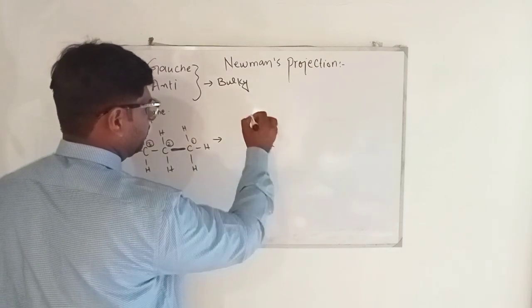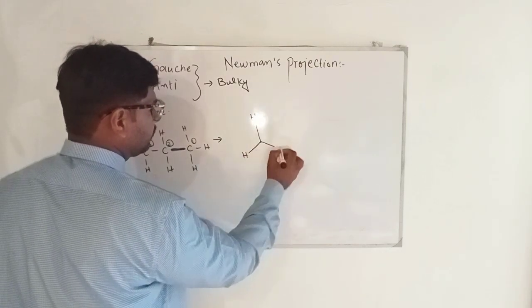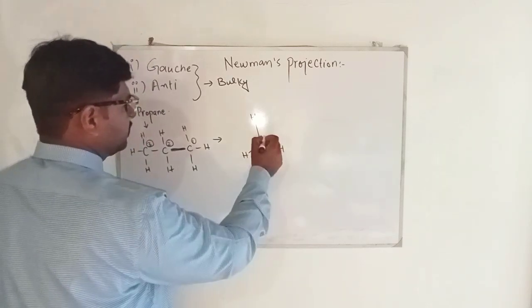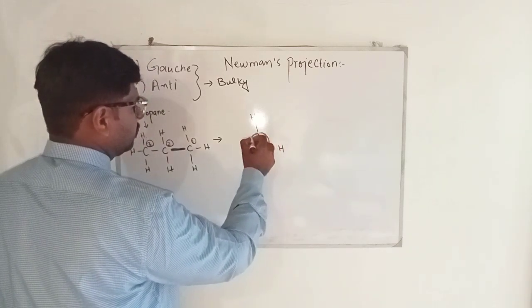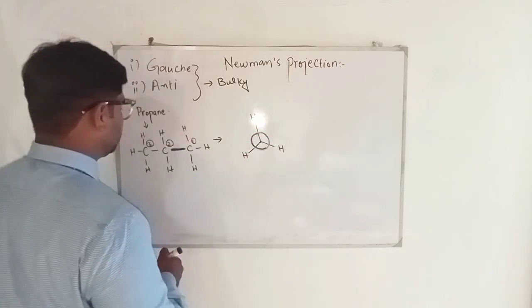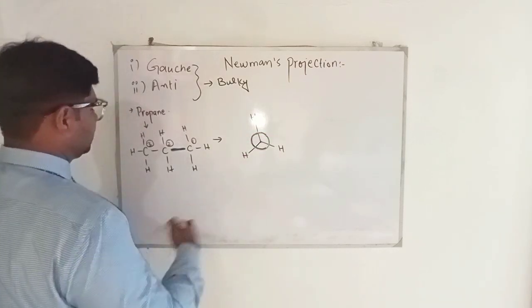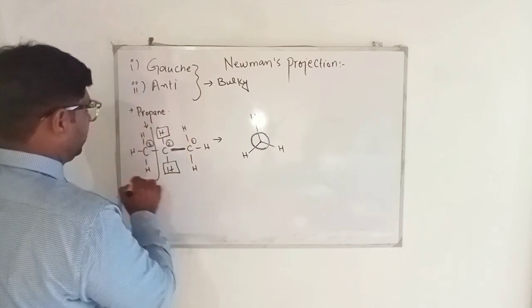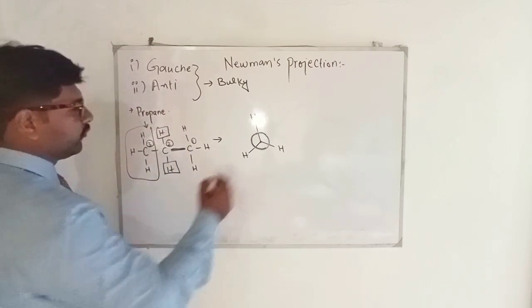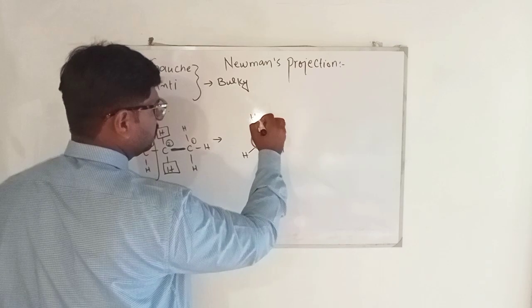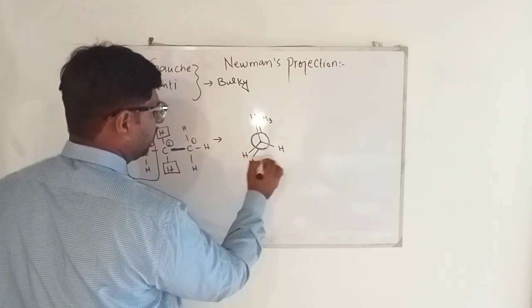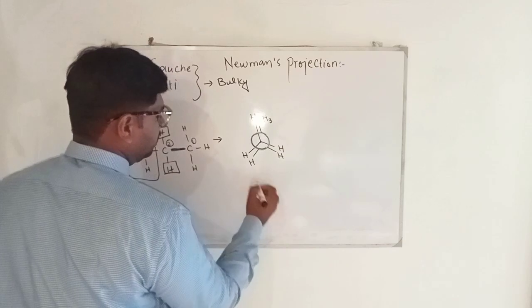Here we are drawing C1 and we have to draw C2. For C2, we can draw two hydrogen atoms and one methyl group. So for C2, here we have methyl group and hydrogen atom added.